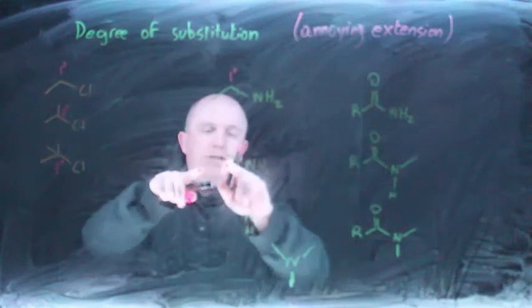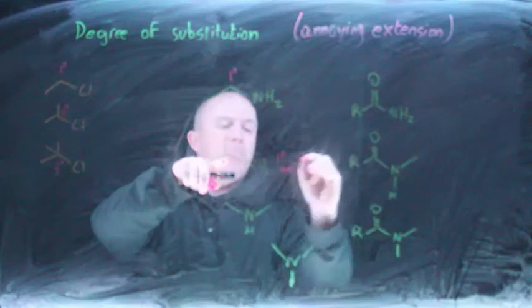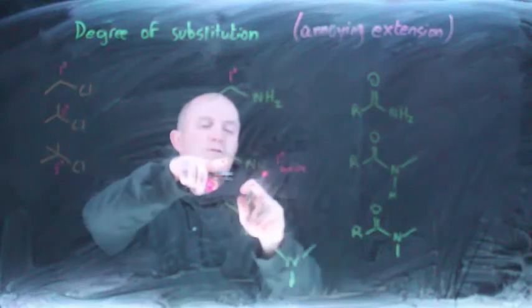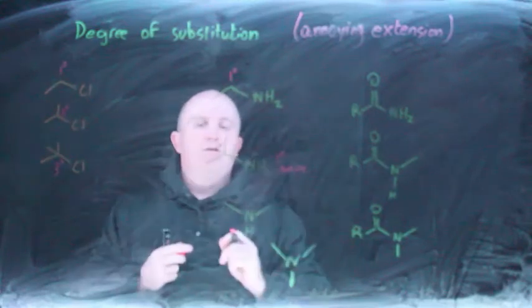However, this is a primary amine. Why? Because this nitrogen is bound to one other carbon. Now, this carbon, of course, is in fact a secondary carbon because it's bound to two other carbons.